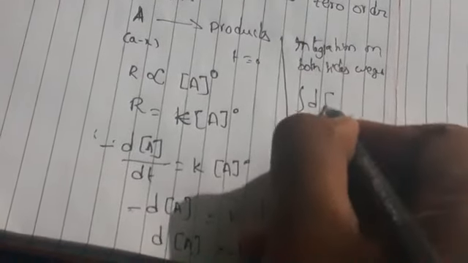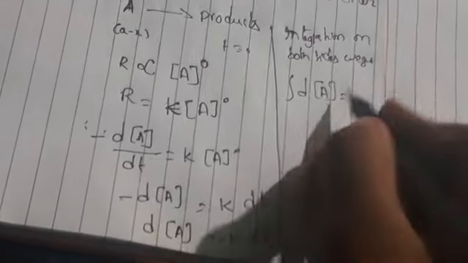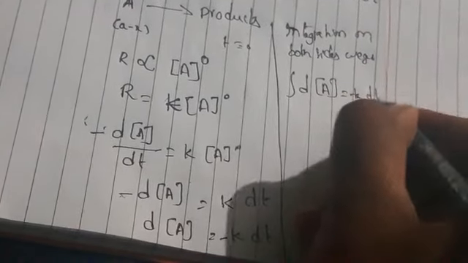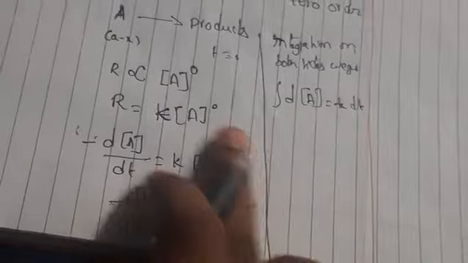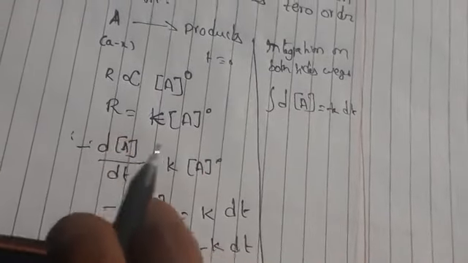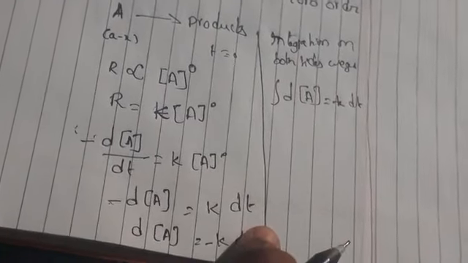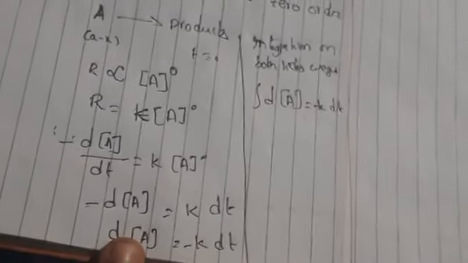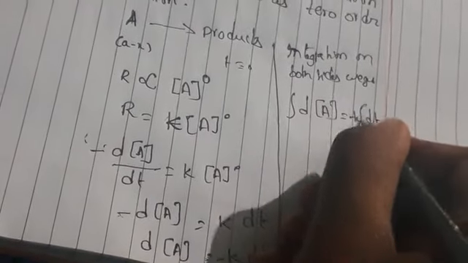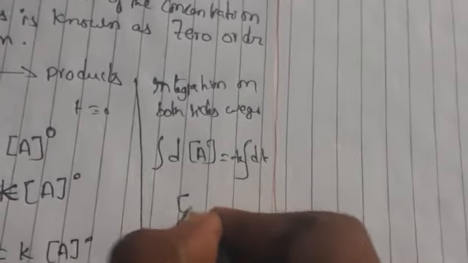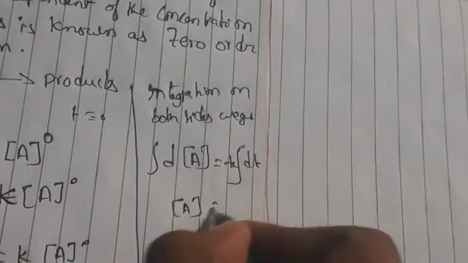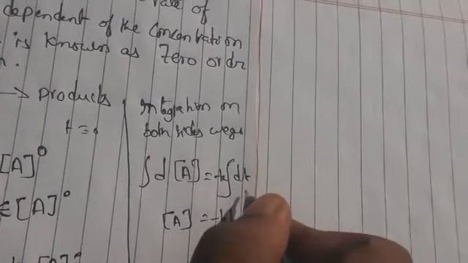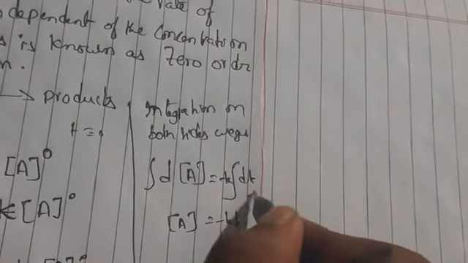If we do integration on both sides, we get the integral of d[A] equals minus K times the integral of dt. Why? Because A to the power 0 is 1. K is a constant, so we have taken it out. The integration of dx is nothing but x.